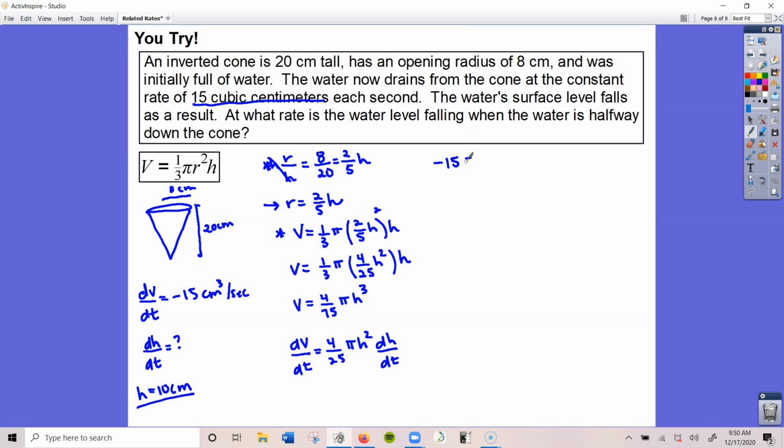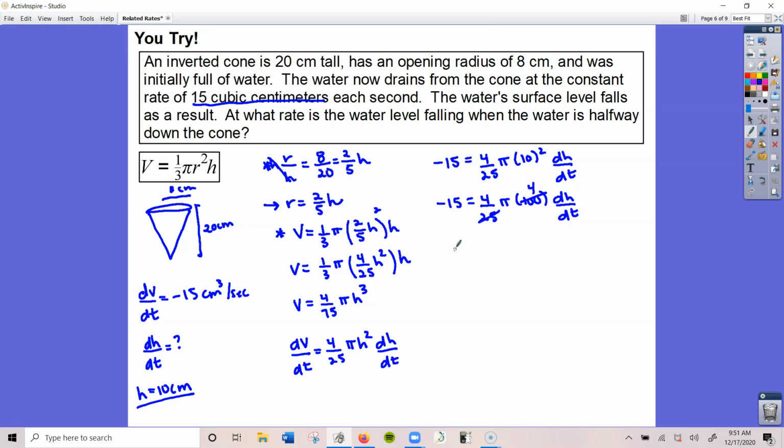So negative 15 for my dV dt is equal to 4 over 25 pi times 10 squared dh dt. Let's simplify this a little bit. Negative 15 is equal to 4 over 25 pi times 100 dh dt. Now 100 divided by 25, because whatever's in the denominator is being divided, simplifies to 4.